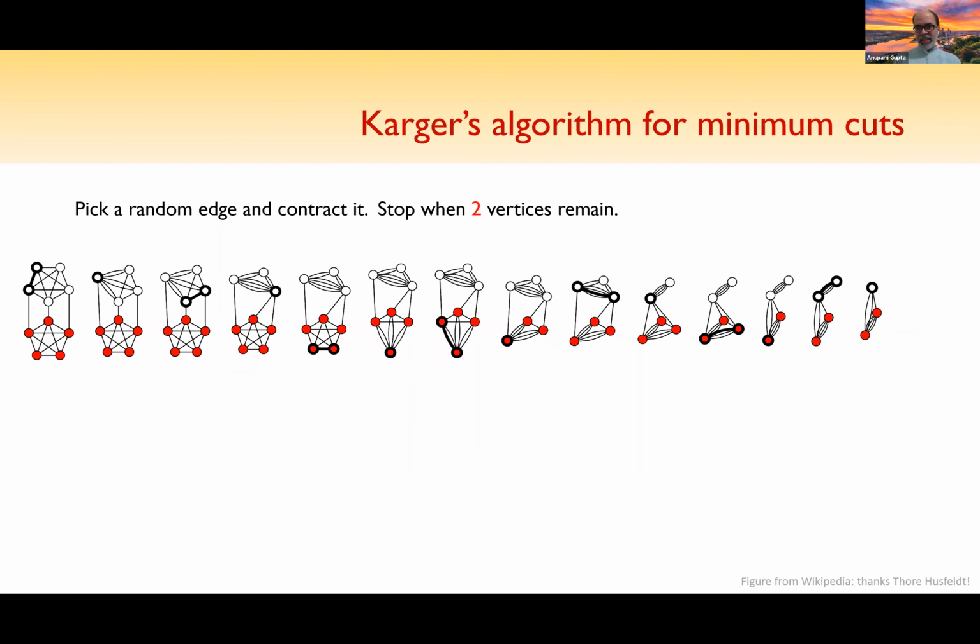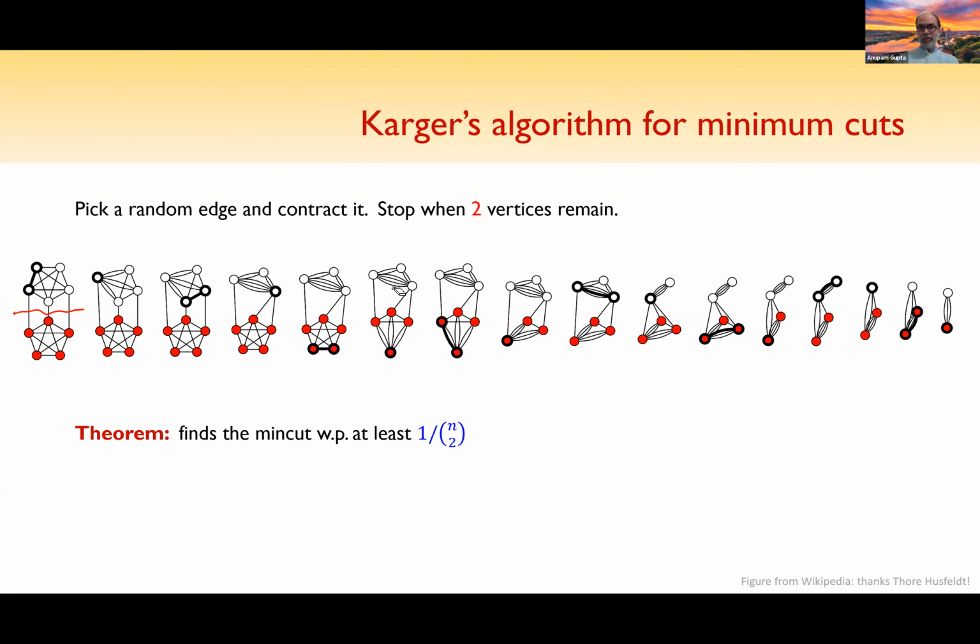And you can see, really the min cut in this graph is this one. And this is showing us a successful run of the algorithm. An unsuccessful run would have chosen maybe one of these edges in the middle, and then we would have destroyed this minimum cut. Good. So this is Karger's algorithm.